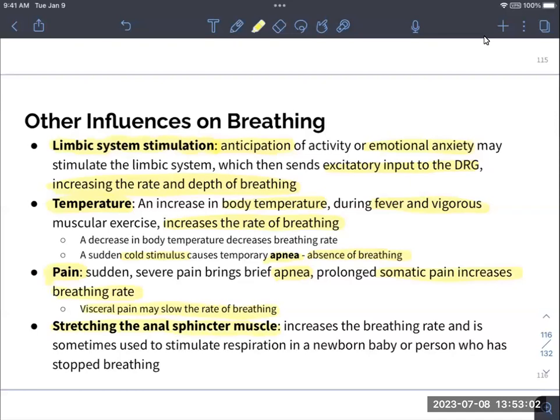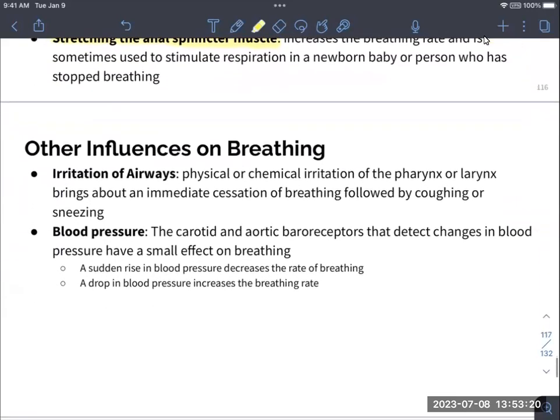In a newborn, that's something that can sometimes stimulate them to take their first breath, or someone who stopped breathing. It's something that can stimulate breathing. If there's irritation in your airways, could be physical, could be chemical irritation, it usually stops that breathing, and it'll cause you to cough or sneeze to try to get it out.